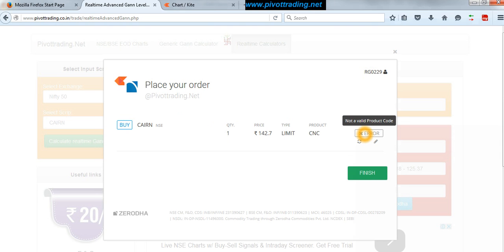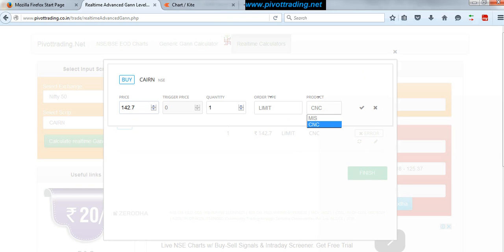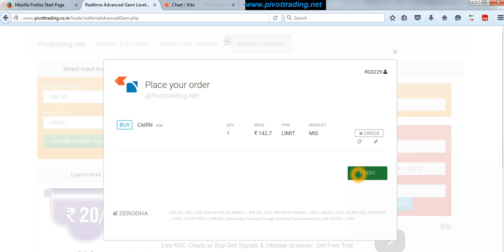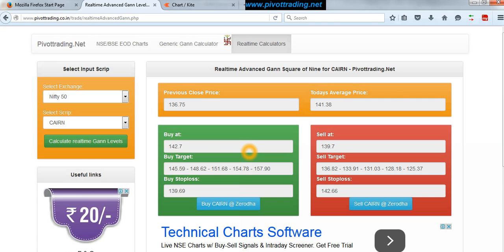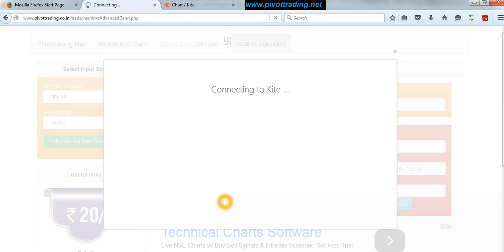See, it gave me an error saying that it is not a valid product code. So basically, because of CNC, but if the market is closed, let's say I do an MIS, intraday, and I do an OK, well, so this is anyways gone, so I have to place a buy order again. So here I do a buy Gann at Zerodha, my account.